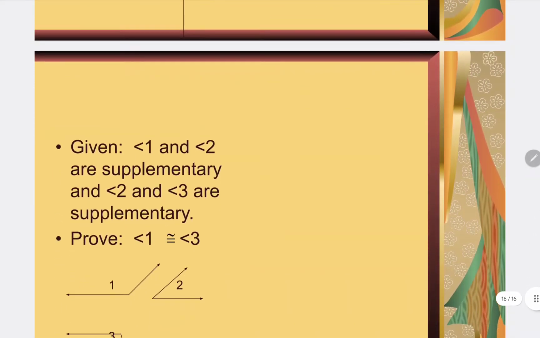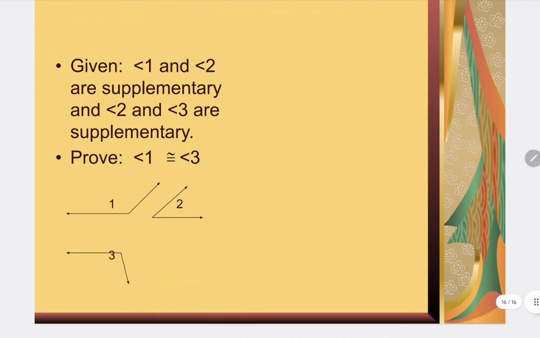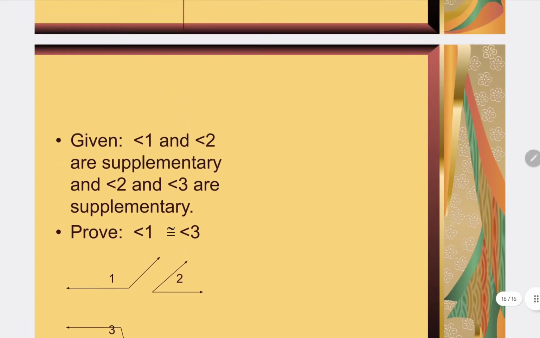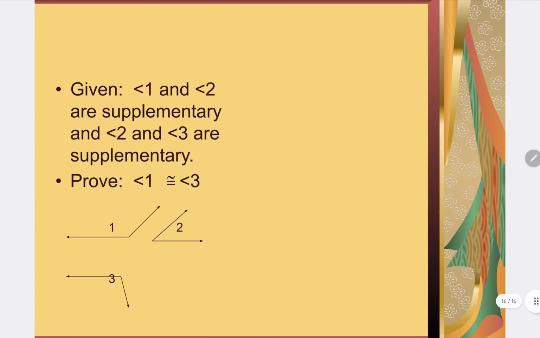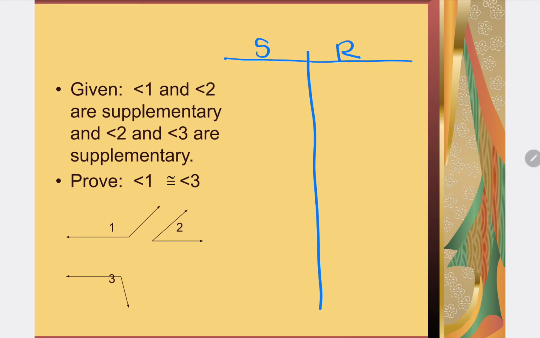Okay, now a quick two-column proof here. We're given that angle 1 and angle 2 are supplementary, and angle 2 and angle 3 are supplementary. We want to prove that angle 1 is congruent to angle 3. So I'm going to do this as a two-column proof, statements and reasons.